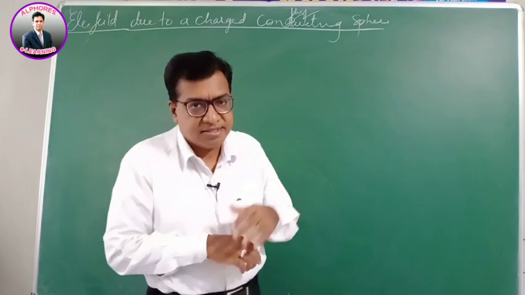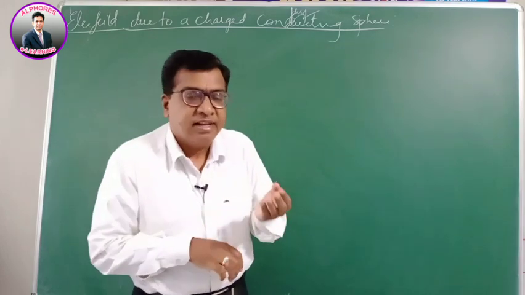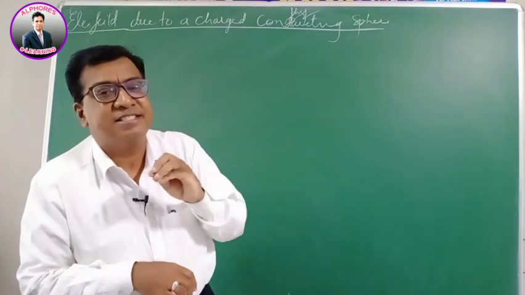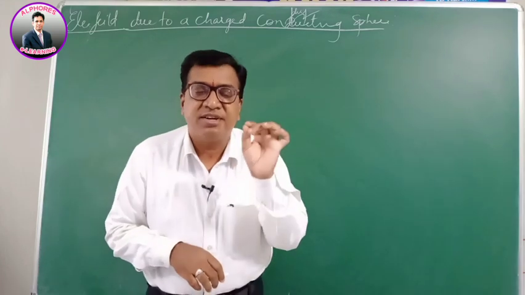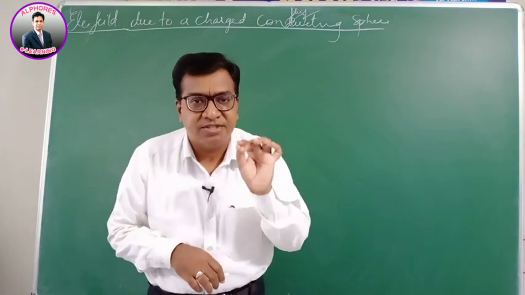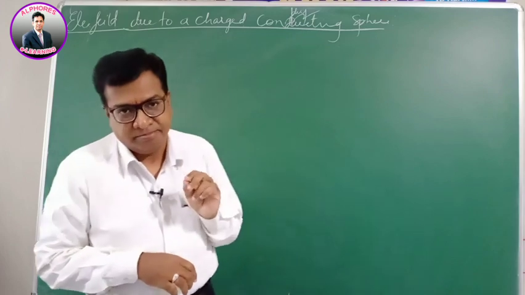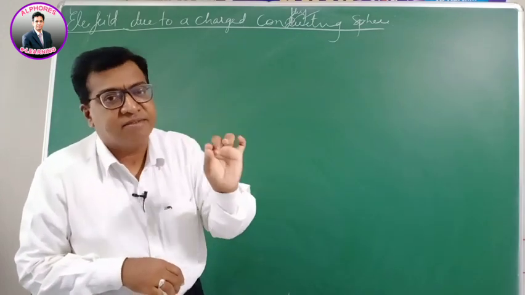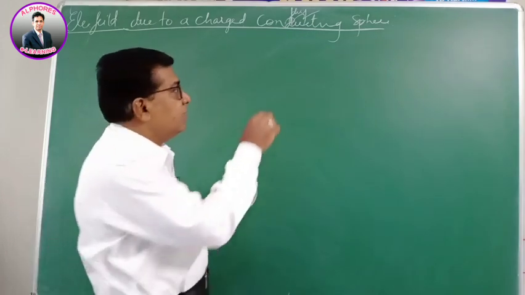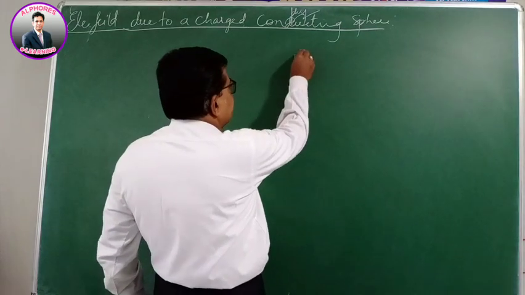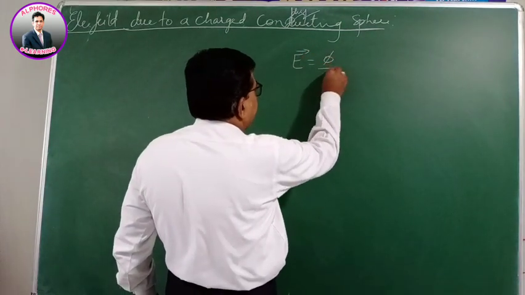Next, electric flux density. Electric flux density, electric field intensity, and electric field strength all mean the same. So electric flux density E is phi by A.